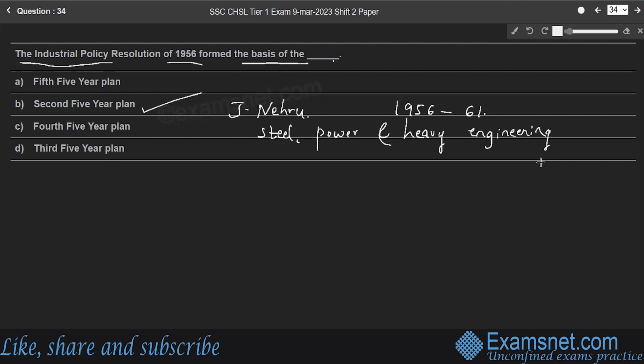The plan was also aimed at promoting social welfare and reducing poverty by creating employment opportunities and improving access to essential goods and services for the people of India. Therefore, option B is the right answer.